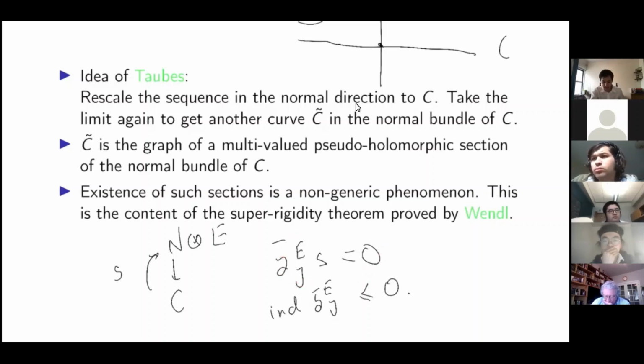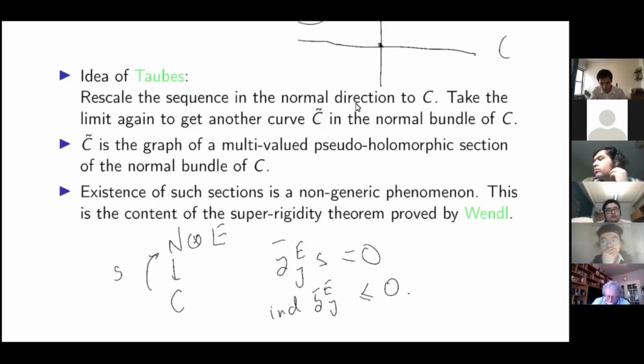And this is exactly the content of the superrigidity theorem, which was recently proved by Wendell, that for a generic J, I can always achieve equivariant transversality for such operators, and I can always guarantee that there are no solutions to this equation. So that's a contradiction, because I have just found such a solution.